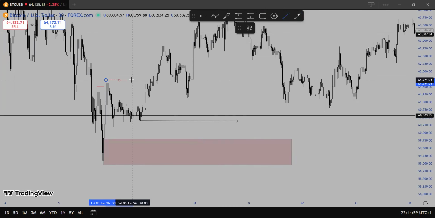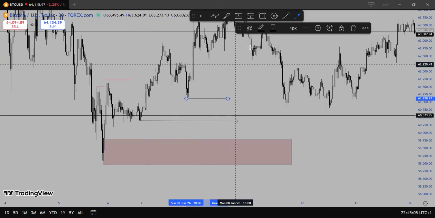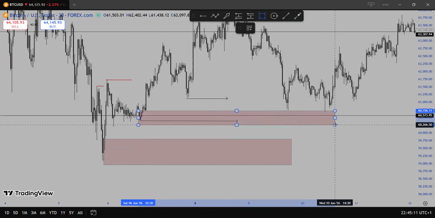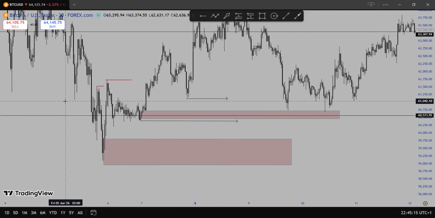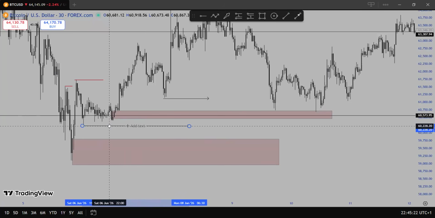This break, and then another liquidity. And your point of interest, which is this OB. So you have two zones that market reacted from, that market did not use. And all of them have liquidity, and then they have two points of interest.